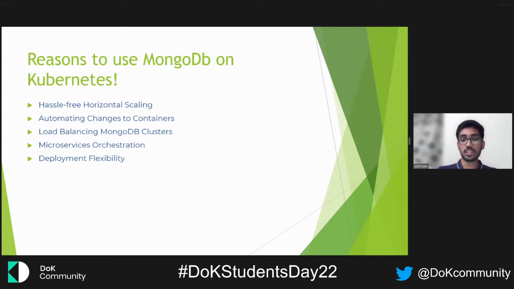Coming to the automated changes to containers, keeping applications up to date and avoiding unexpected downtime is usually a challenge. And Kubernetes and MongoDB manage this process via automation. It will deploy your updates and continually monitor the application. So if something goes wrong, the change rolls back, avoiding any sort of outages.